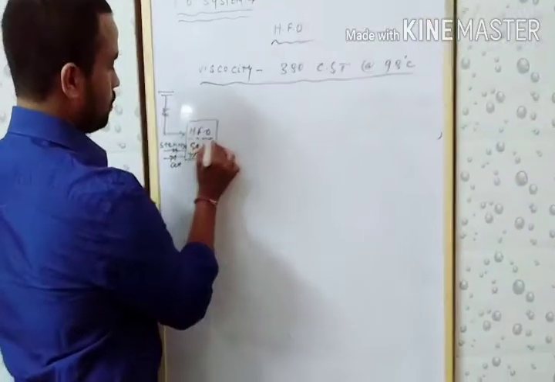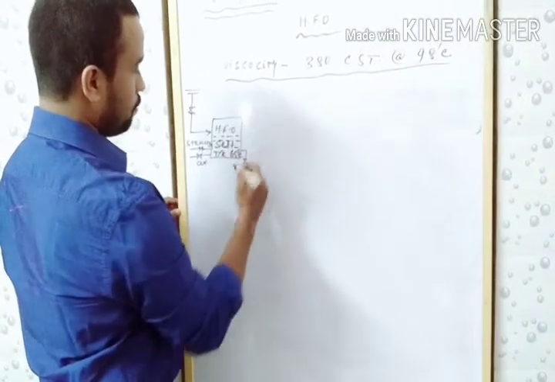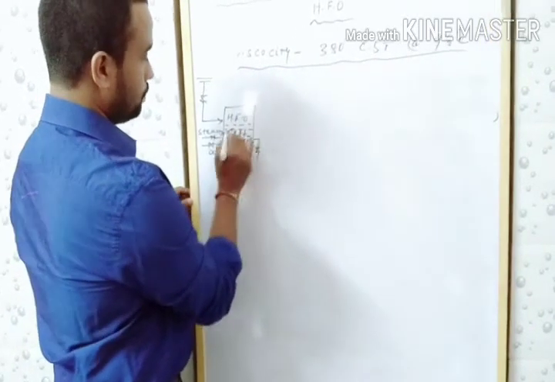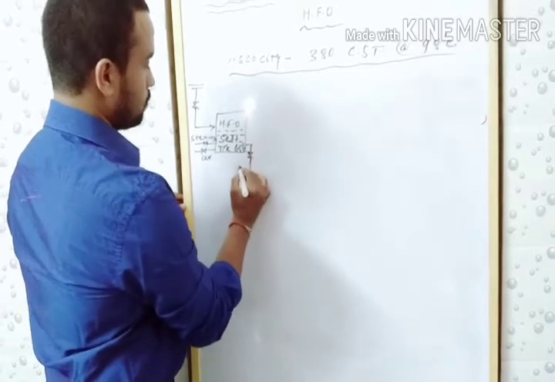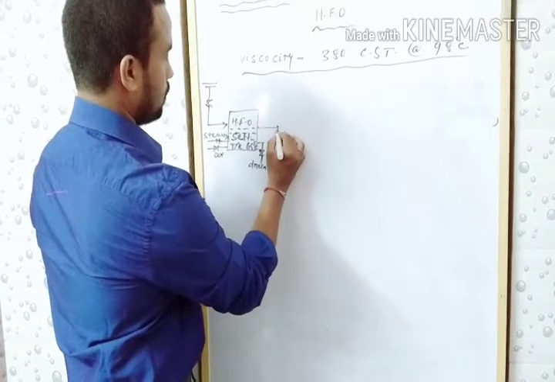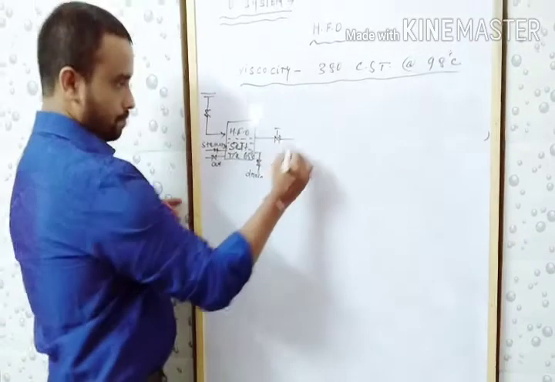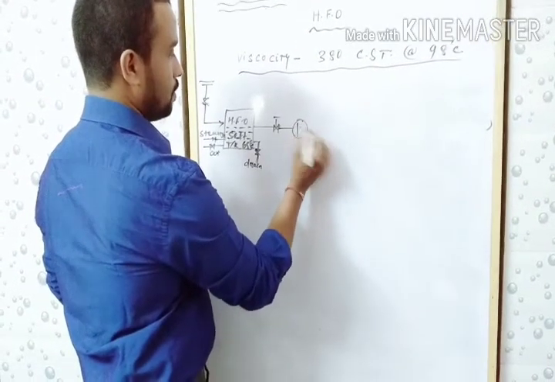When the fuel comes here, the heavy oil settles down, so the oil floats here and the water content goes to this drain. Then it goes to the purifier. Now I am going to explain the purifier with these symbols.